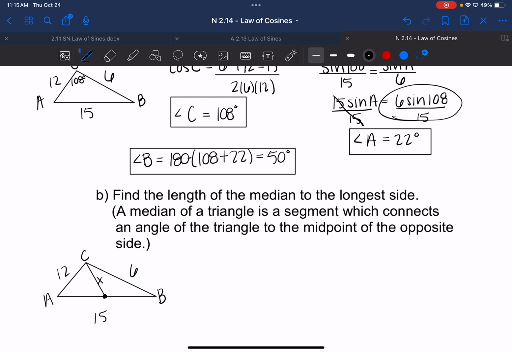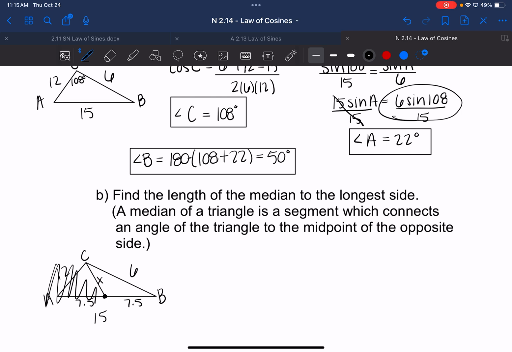All right, well, if that intersected the side that was 15 at its midpoint, what does that mean? Right, both of these are 7.5. Okay. So then I don't really need both halves of this triangle. I could just use like 1/2 of it over there. And then I've got a new triangle I can use for my formula, right?